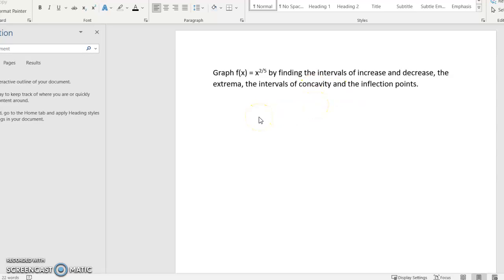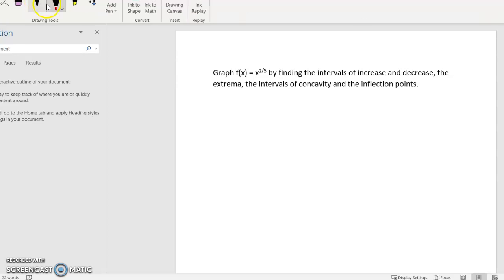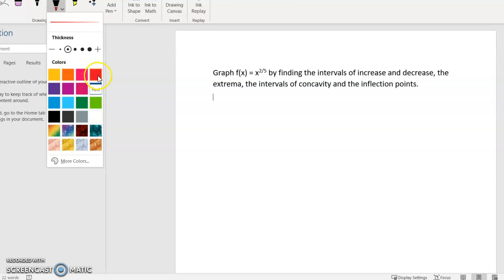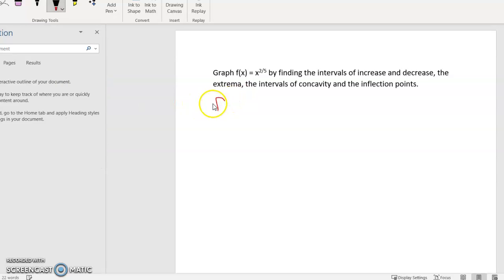Okay, so let's take our first derivative and get increasing and decreasing and maxes and mins. In this instance, we'll do our first derivative. It is just using the general power rule. So we'll have 2/5 times the front, lower that exponent by 1, and we get negative 3/5.